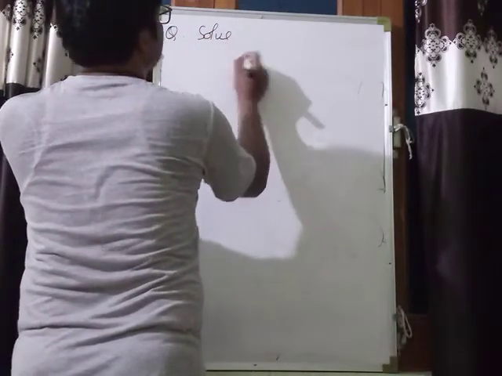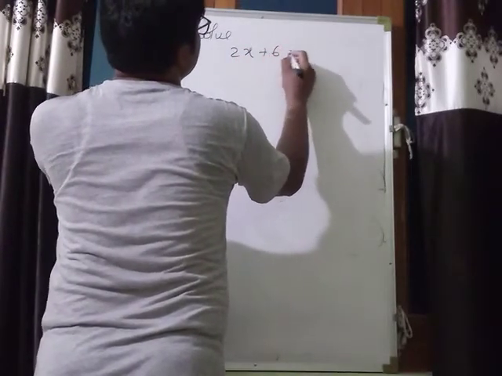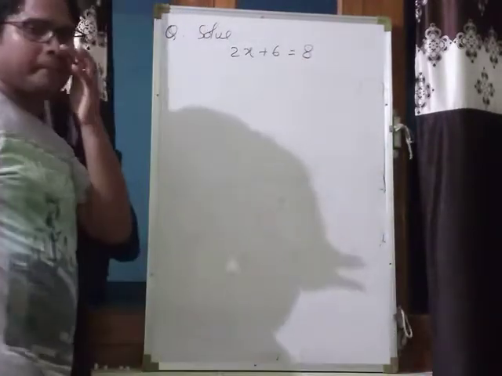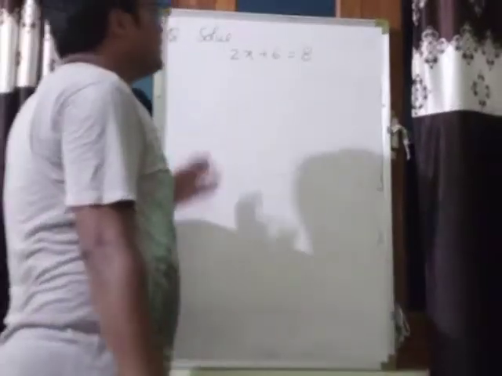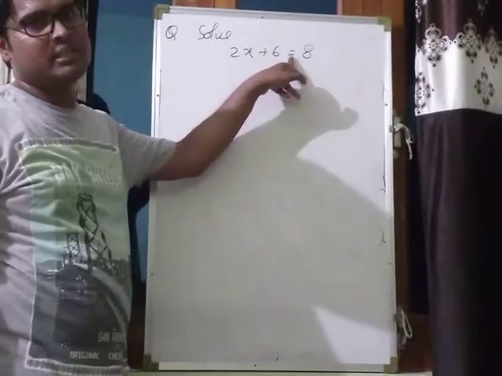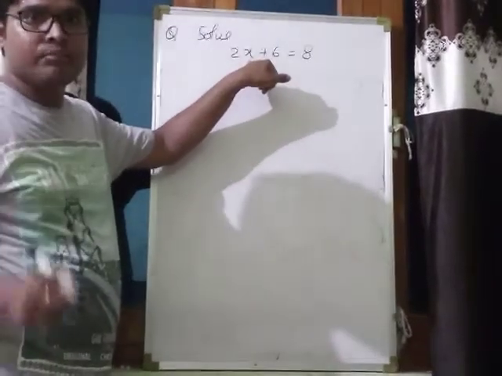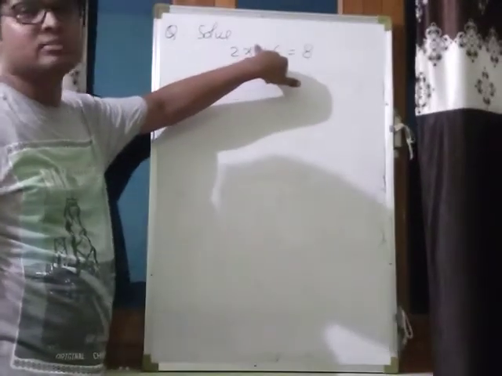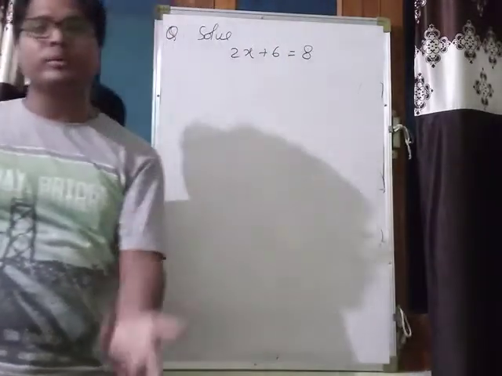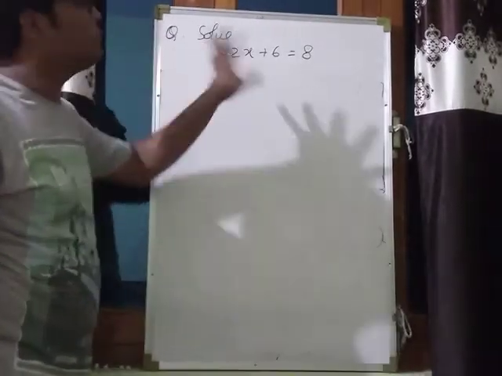Solve 2x plus 6 is equal to 8. See, clearly it is an equation because the equal sign is present, having only one variable x, and its highest power is 1. That's why this is linear. So this is a simple linear equation in one variable, and we want to solve this.